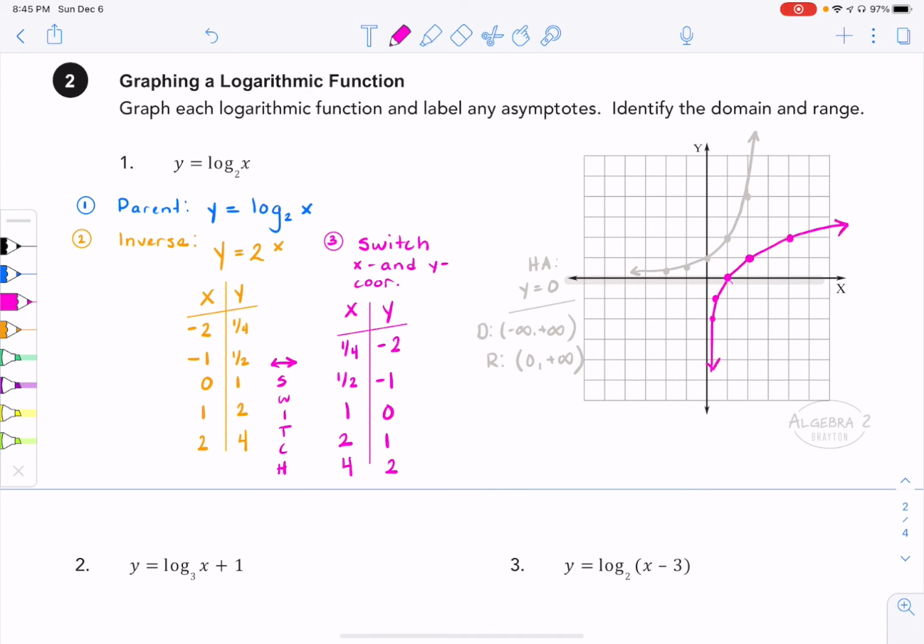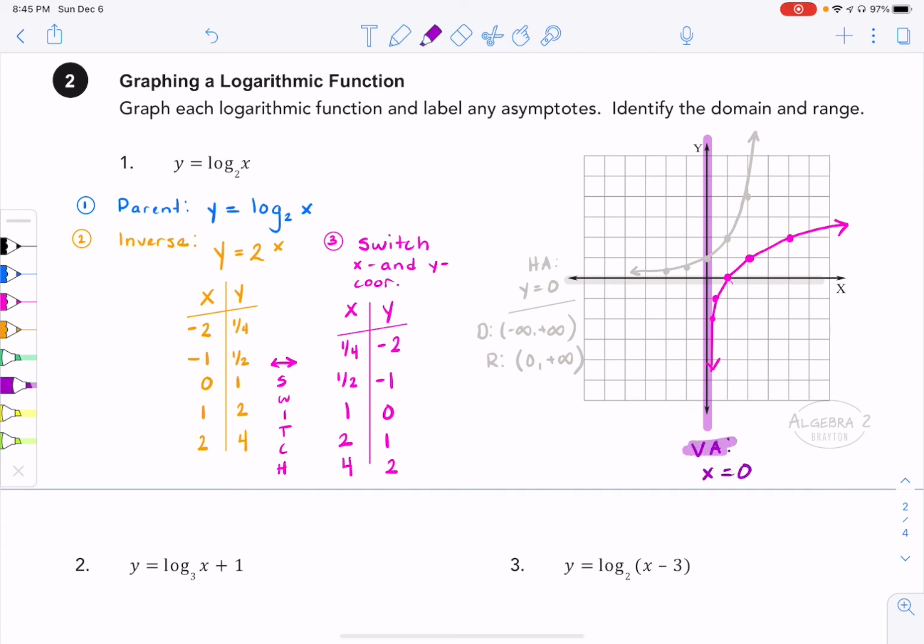Now this graph has a vertical asymptote. So not only did the points change, but now everything changed. So what was previously called our horizontal asymptote at y equals 0 is switching. It's now going to be called the vertical asymptote. And instead of being at y equals 0, it's at x equals 0.